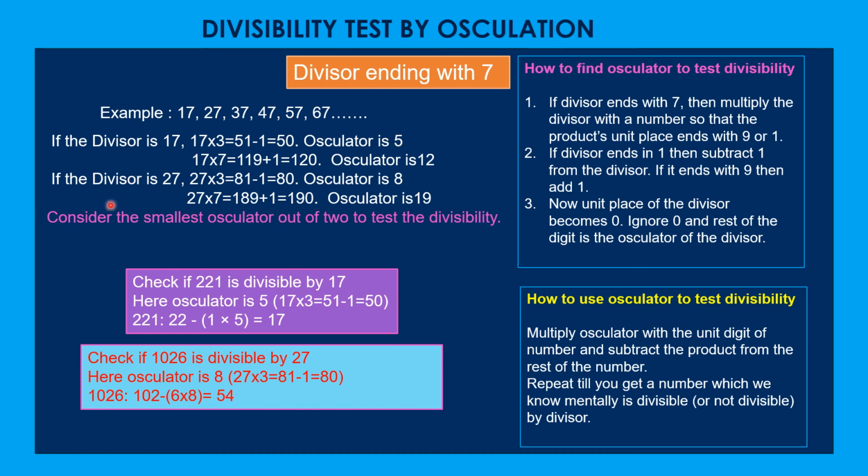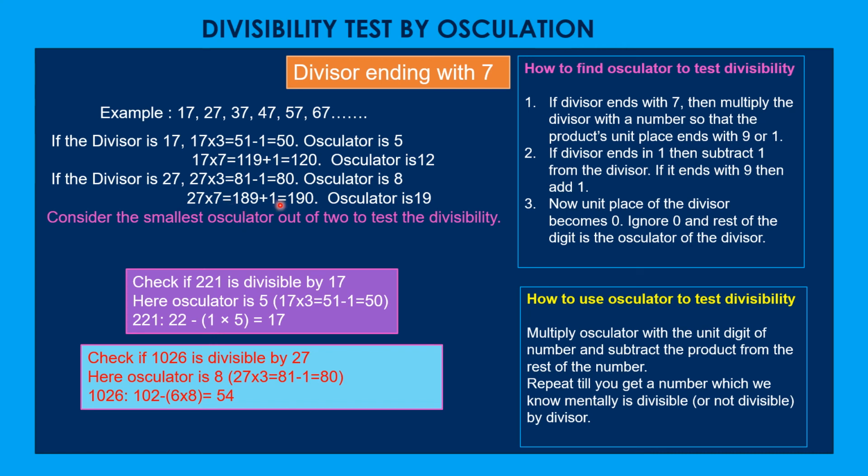And if your divisor here is 27, again it ends with 7. So you multiply your divisor 27 with such a number so that the product's unit place ends with 9 or 1. So you do 27 times 3, you get 81. And then you do 81 minus 1, you get 80. Ignore the unit digit 0, and 8 is the oscillator. And 27 times 7 is 189.